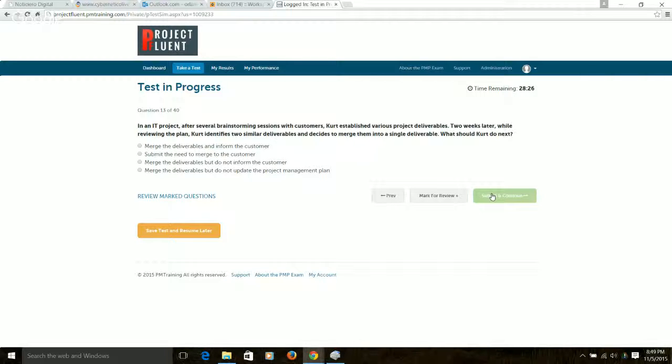What should Kurt do next? Option A, merge the deliverables and inform the customer. Option B is submit the need to merge to the customer.